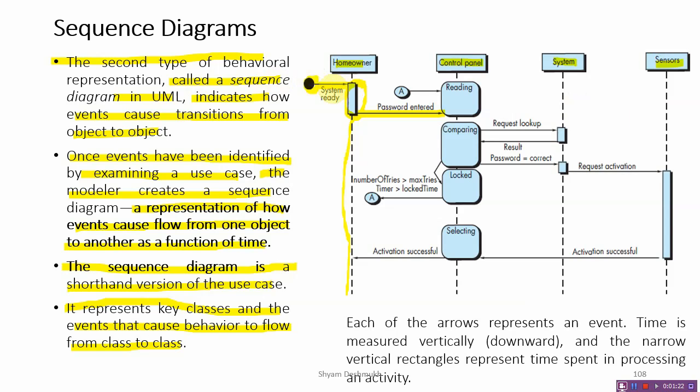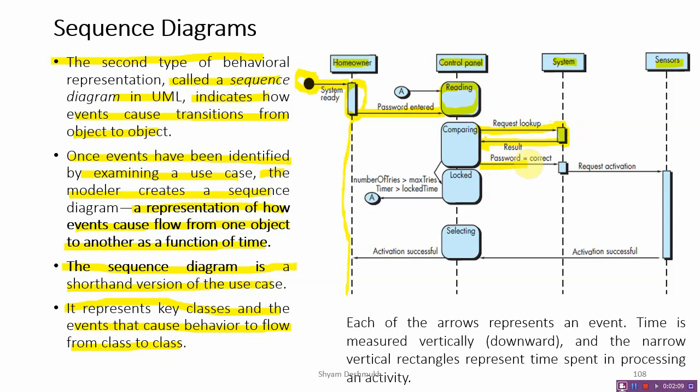At the very start the system is in the initial state, and when the system is ready, the homeowner creates an event of entering a password, which is sent to the control panel class, and the control panel class sends a lookup request to the system for a particular password. The password is looked up in a simple database, and the result is sent back.